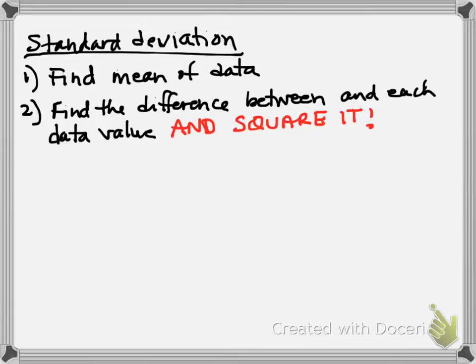Okay, so that's a big difference. We're not just taking an absolute value, we're squaring it, which removes the negative, right? So we still are going to end up with all positive numbers. So that's the next step. Then we're going to add all of the squared differences. We did that.